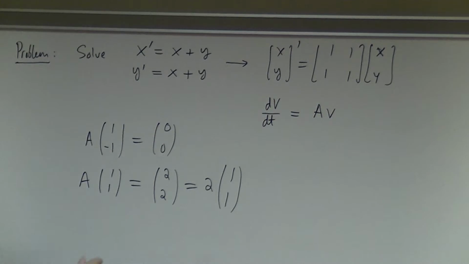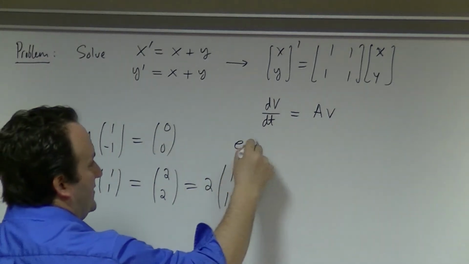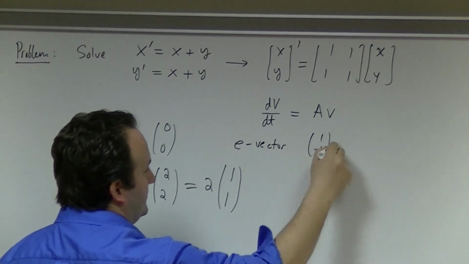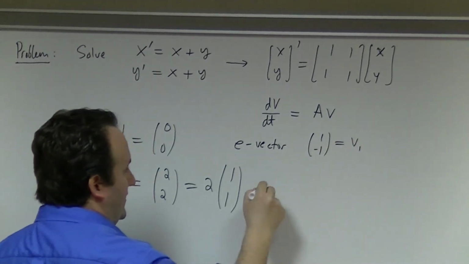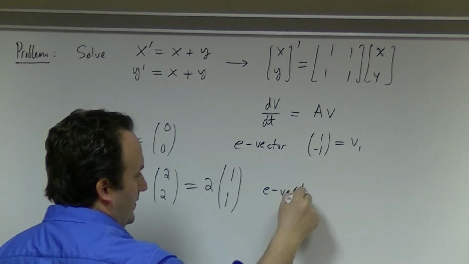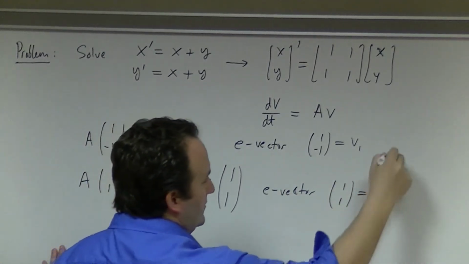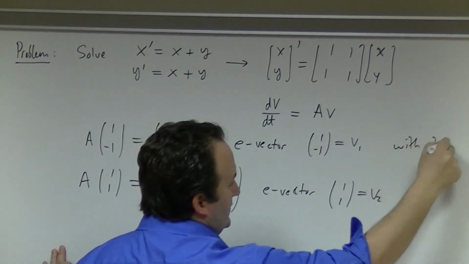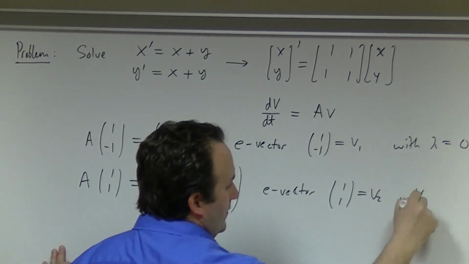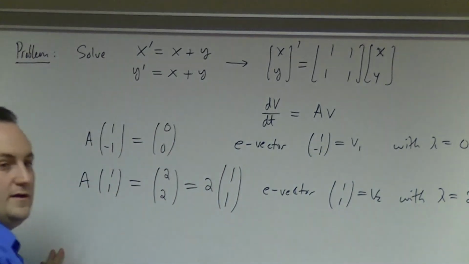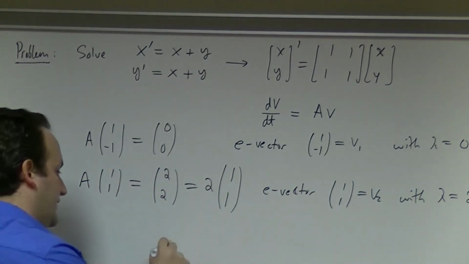So my point to you is we have eigenvector (1, -1) equal to v1, with lambda equals 0, and eigenvector (1, 1) equal to v2, with lambda equals 2. The solution to this differential equation is as follows.